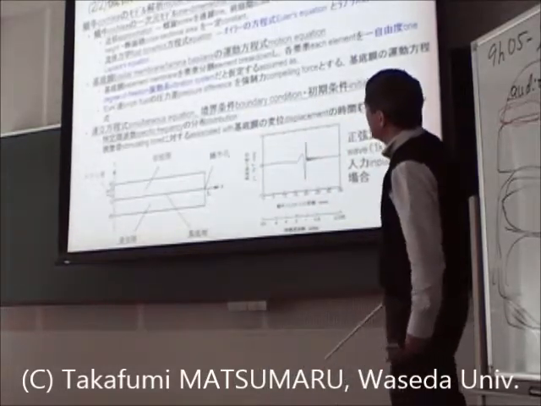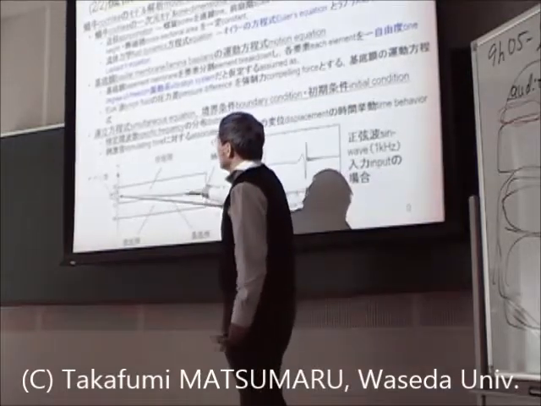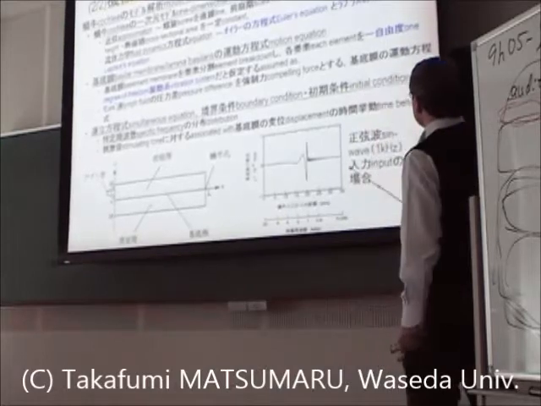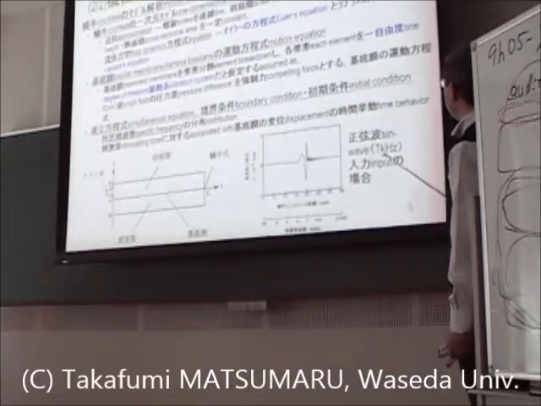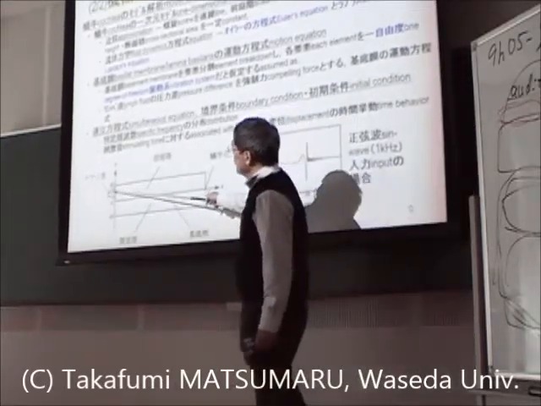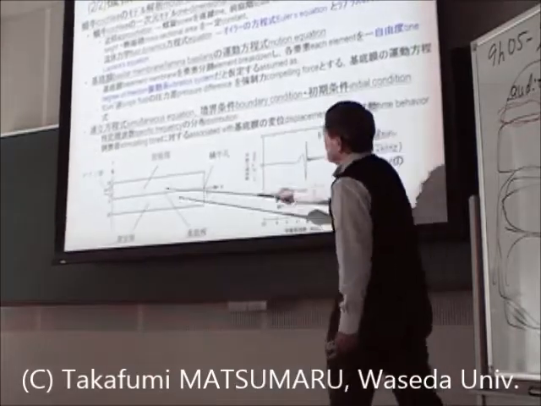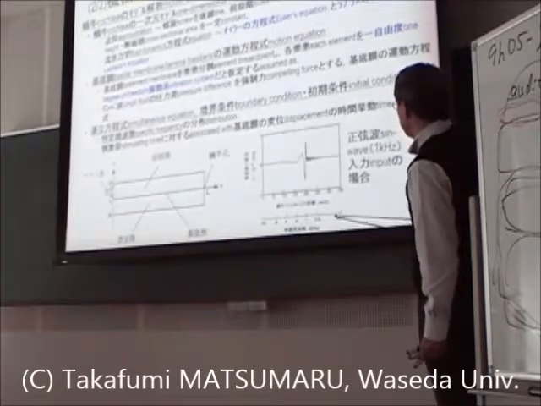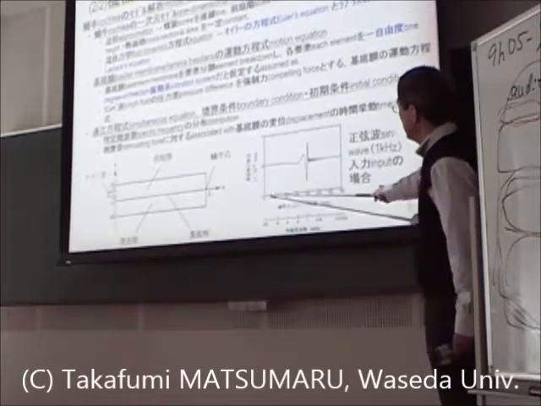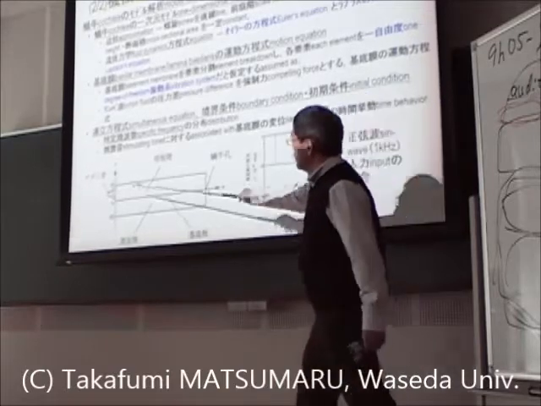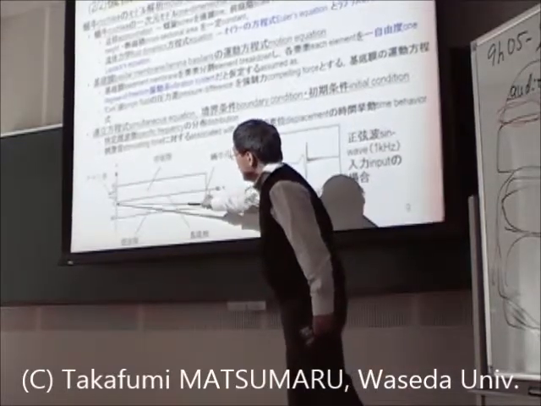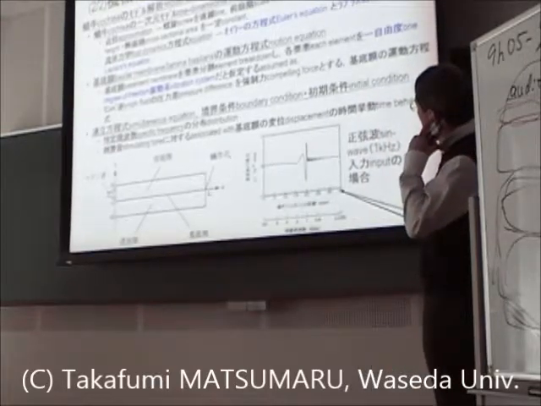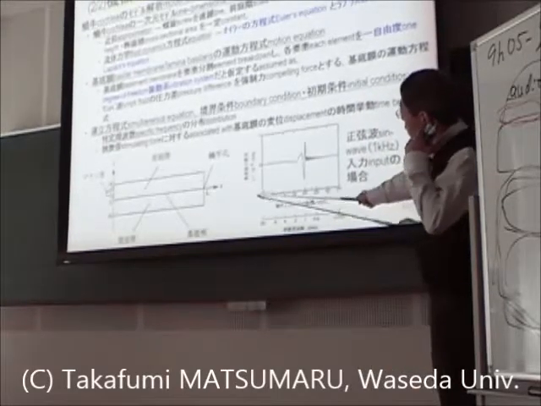Then we analyze which frequency is applied and which part is the most vibrated. For example, when a 1 kilohertz vibration is input, which part vibrates the most is simulated. It looks like this. This is the input port at 0 millimeters, and the cochlea's length is about 35 millimeters.